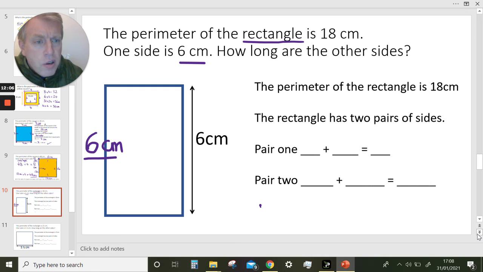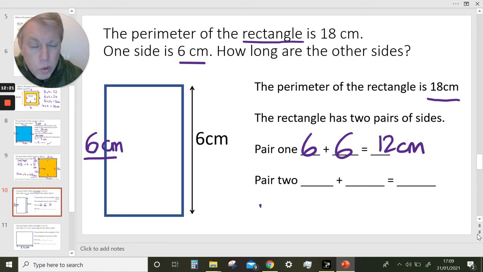Well, it's 2 pairs. Pair 1 is 6 centimetres and another 6 centimetres equals 12 centimetres. But we don't know what each of the other 2 numbers is, do we?